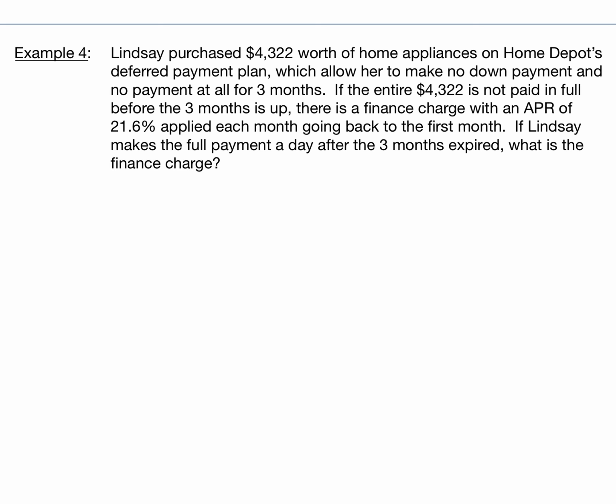Okay, so the way to figure this out is we're going to take $4,322, okay, and we're going to multiply that by 21.6%, okay, but this is on a monthly basis, so we have to divide this by 12, and remember, we have to convert this percentage into decimal, so that's going to be 0.216.